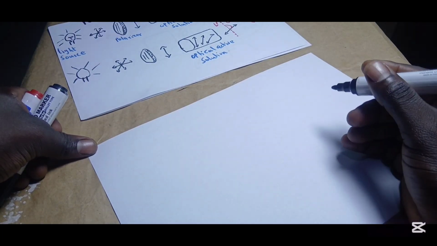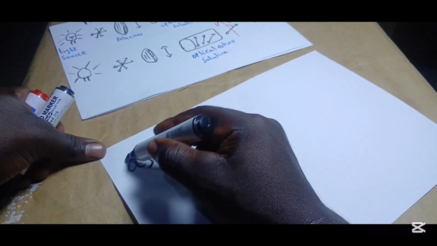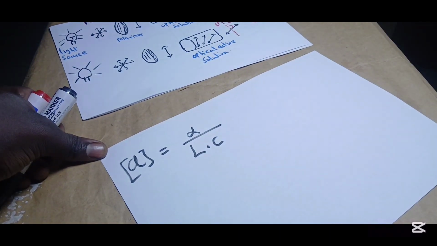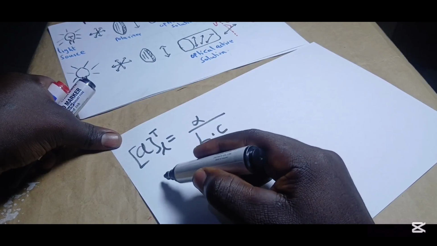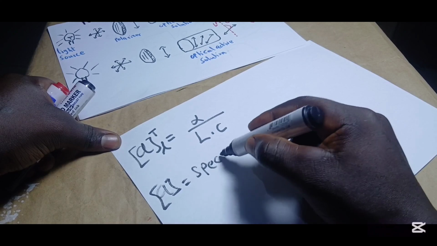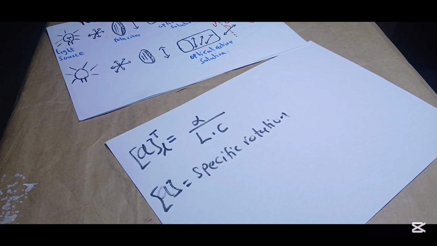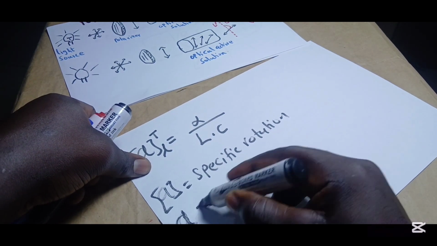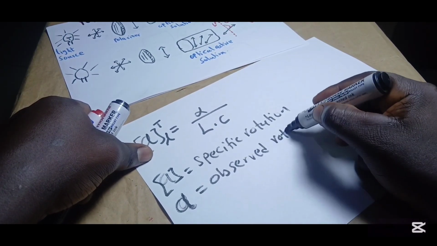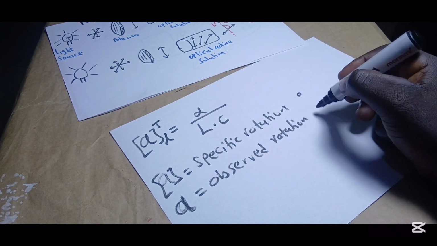The formula used for calculating optical activity involves the specific rotation, and the alpha here that we talked about is the observed rotation. All the angles are measured in degrees.